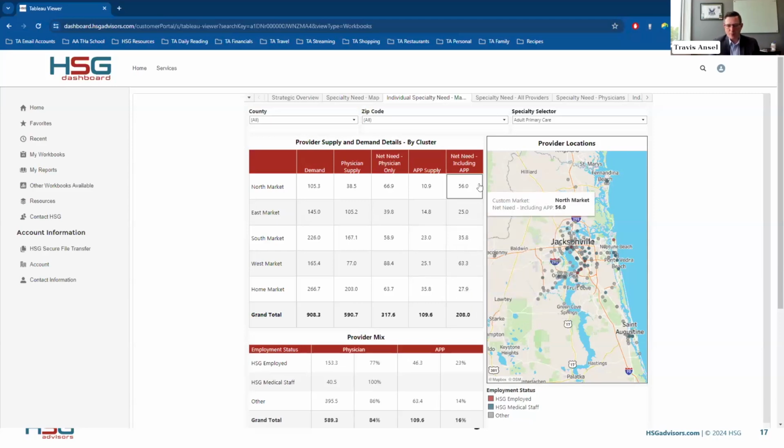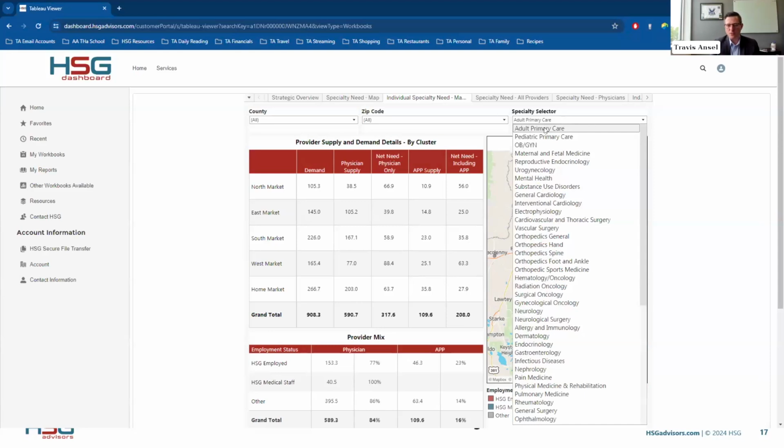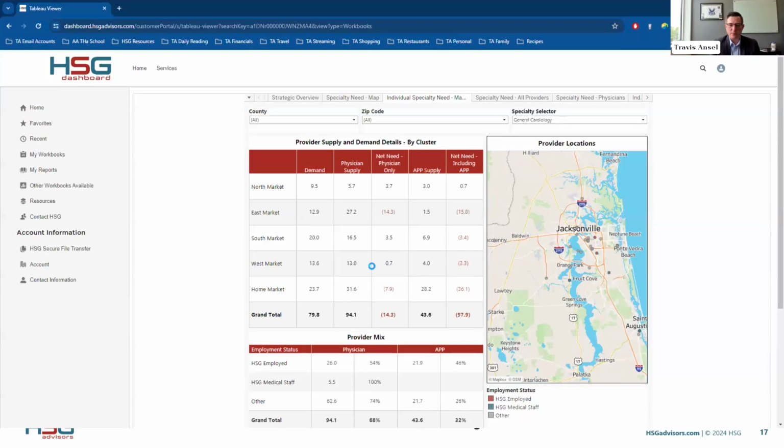Which allows us to prioritize markets. And Florida is a terrible market to look at primary care in because primary care is almost a different animal than it is in almost any other state. But if we look at something like general cardiology, we can look at the relative disparity in resources comparing markets against each other.